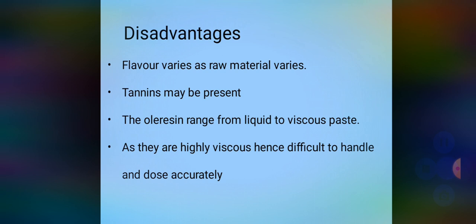Then spice oil does not give any color to the food material. Where we add spice oil, it only gives flavor strength to the product, not the color. But oleoresin contains coloring matter also, so it colors the food material where we are going to use the oleoresins.